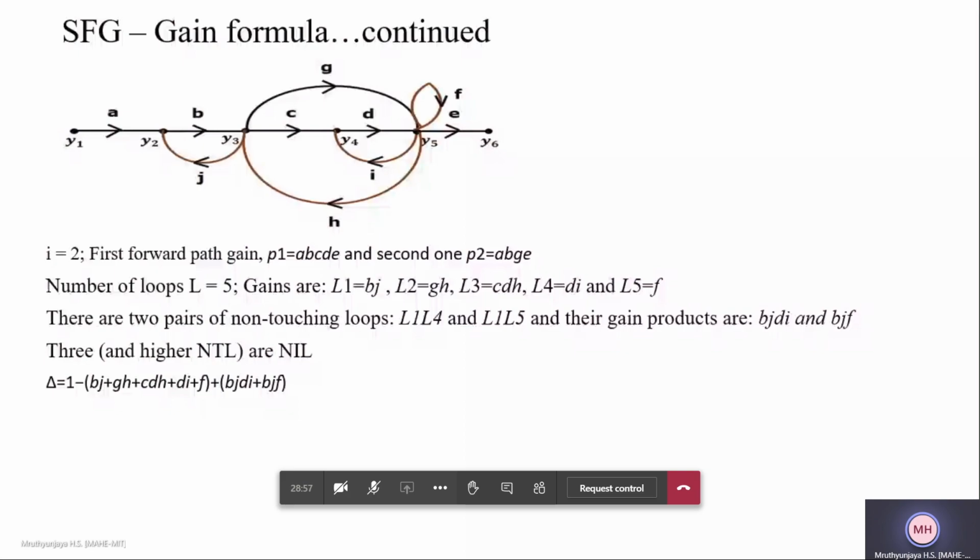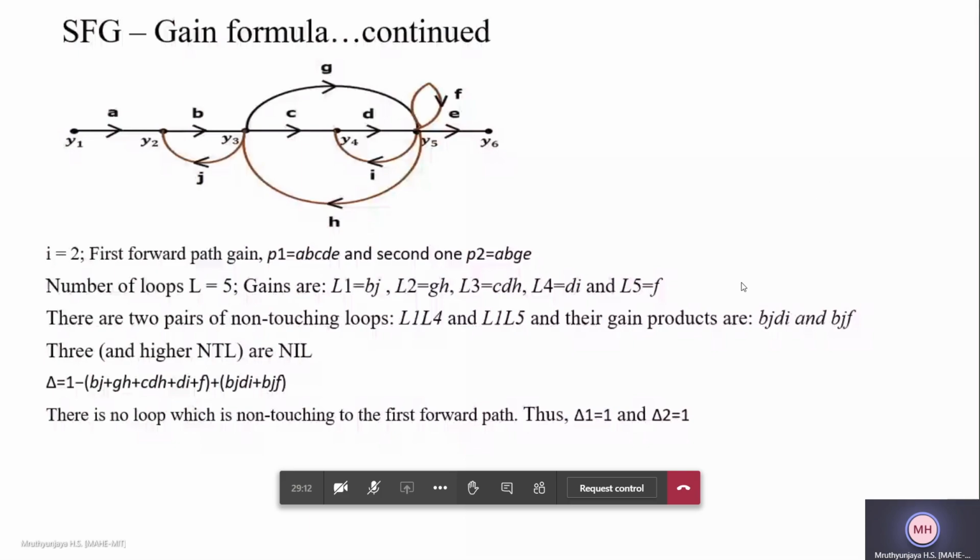I repeat, delta 1 equals the value of delta, and in that the loops touching P1 should be eliminated. Similarly, delta 2 is the value of delta in which the loops touching P2 should be eliminated.